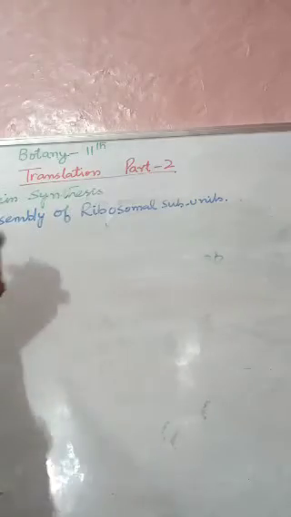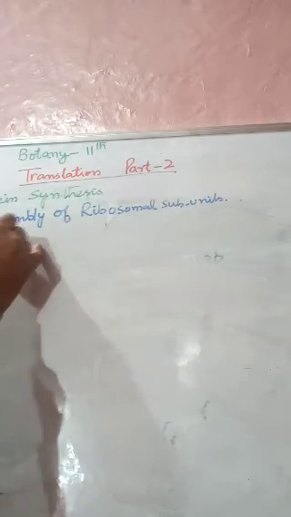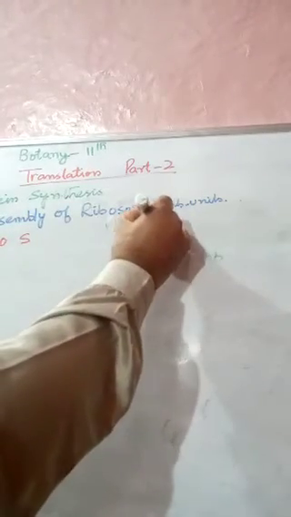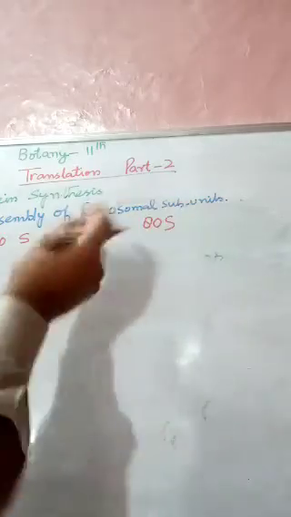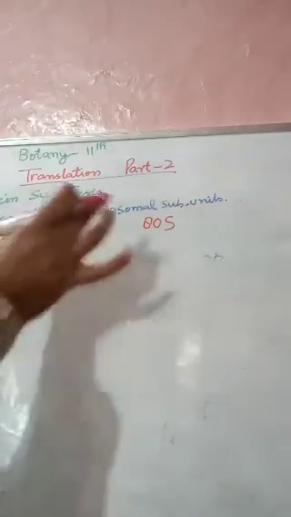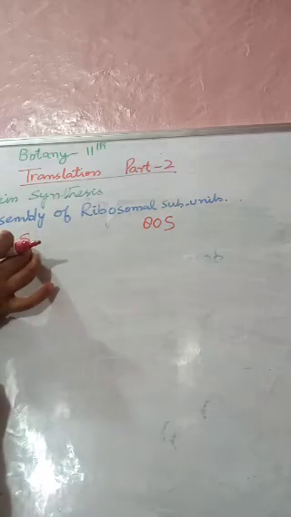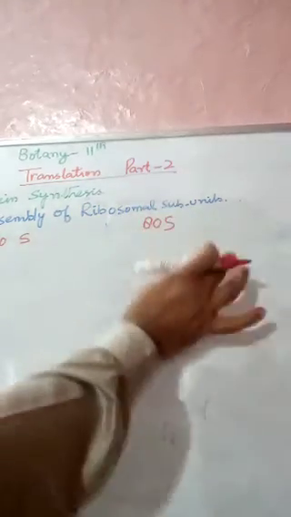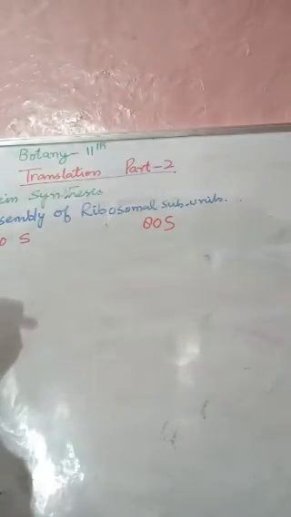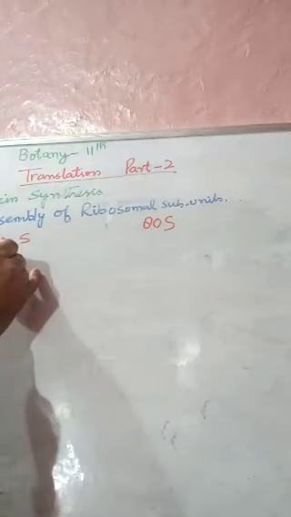We know that there are two types of ribosomes. एक को हम बोलते हैं 70S राइबोसोम, दूसरे को हम बोलते हैं 80S राइबोसोम. These are the two types of ribosomes. हर एक राइबोसोम में, whether it is the 70S or the 80S ribosome, it has a smaller subunit.